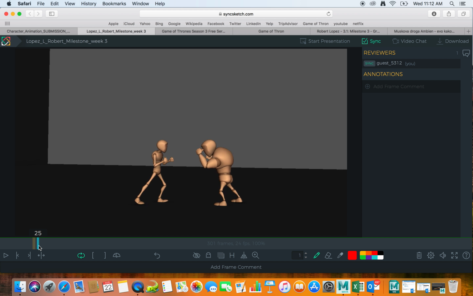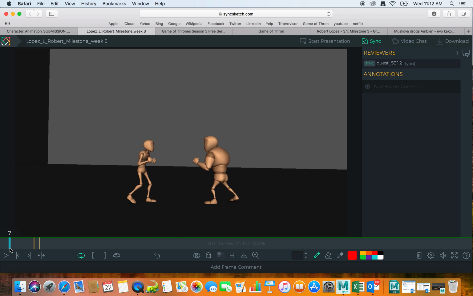So this pulling shouldn't happen. Probably at this point the foot should be maybe like that. Also it would help when he starts going, he goes right away up. Maybe before he goes up, he should go first down to a down pose.